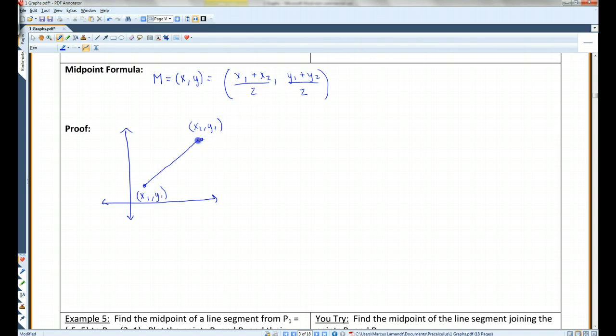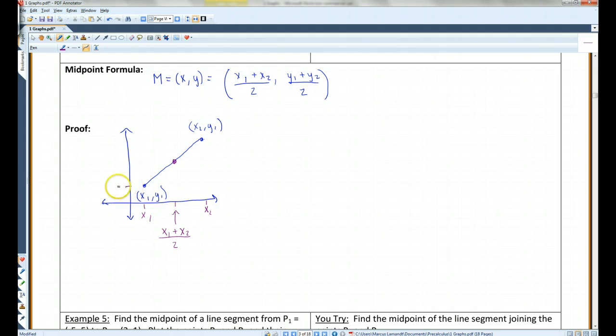And I want to find the midpoint between these 2 points. It's going to be somewhere here. Now, I know this is x1, and I know this is x2. The point right smack dab in the middle is going to be the average of these 2 points. And how do you find the average? Well, you add them together, and you divide by 2.